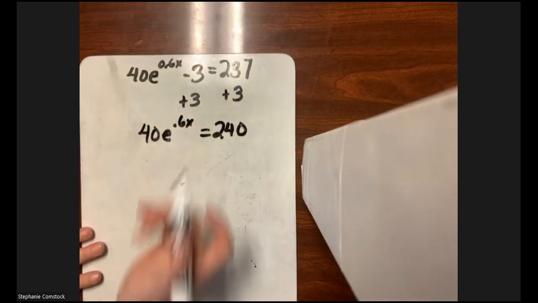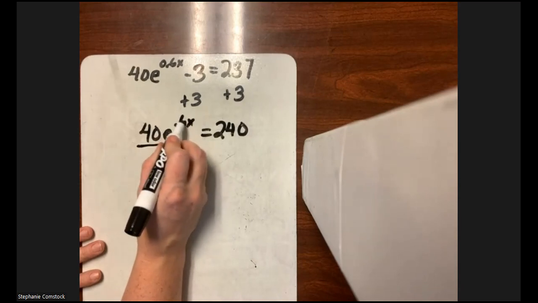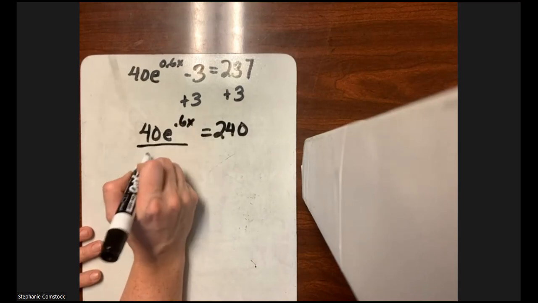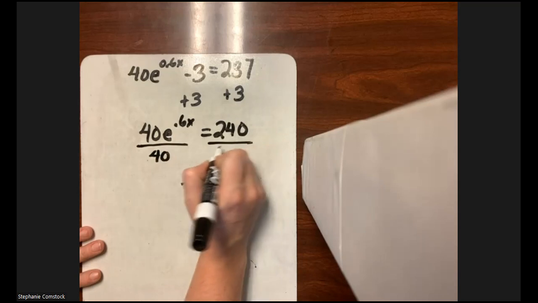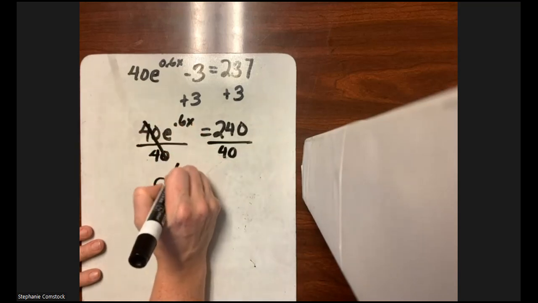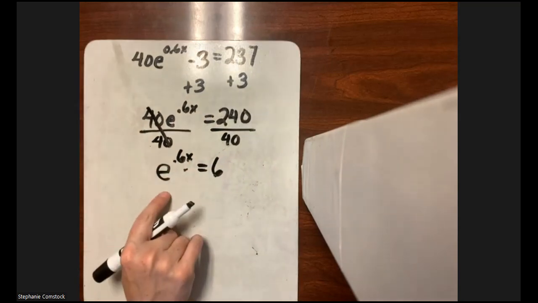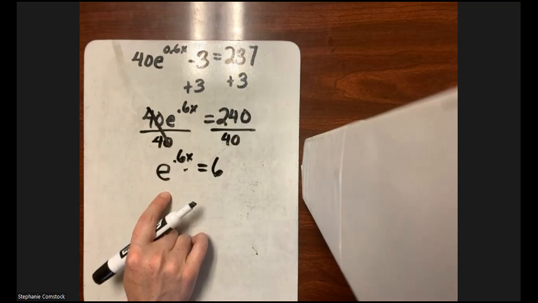Okay. And then we're going to divide, because again, this exponent part is only connected to the e. The 40 is just a coefficient. So I can divide that. So this is now 6. Now, this is another instance where certain logs work well.